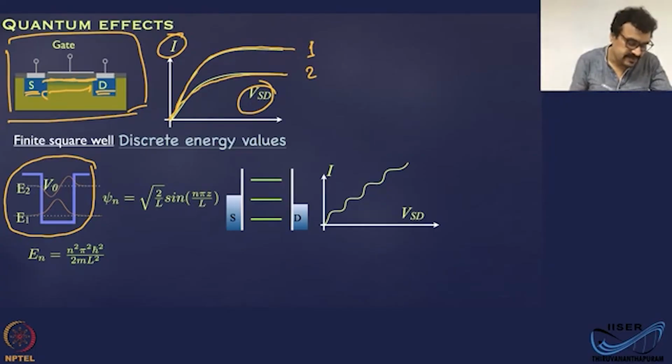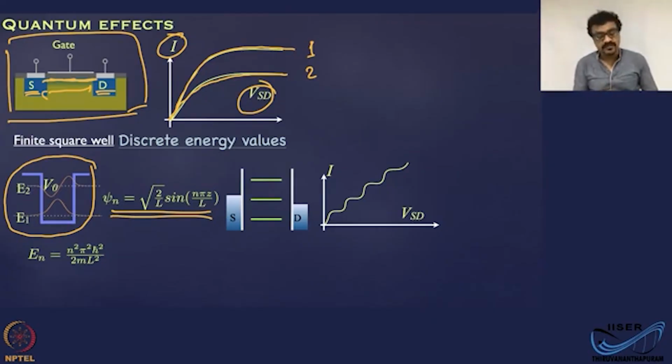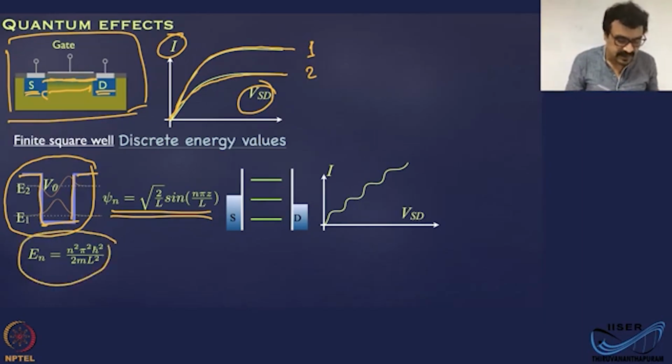But when you make it very small, you can have a discrete number of states. This is just a toy model, a particle in a box, but that is not always applicable. It is just to give you a feeling of the discreteness. These potential wells have shapes other than the square shape. But the point here is you have discrete states and discrete energy levels.